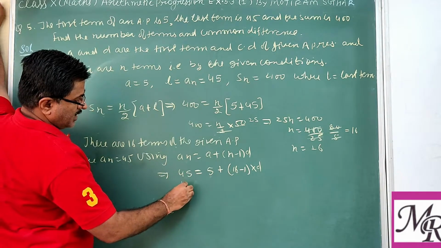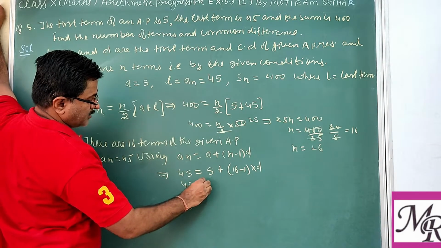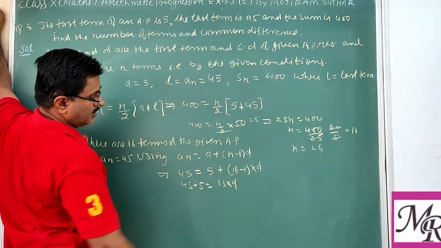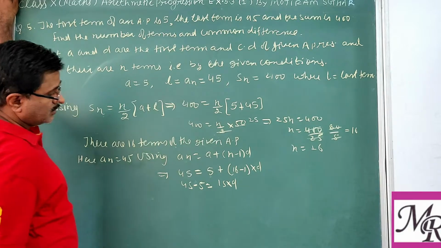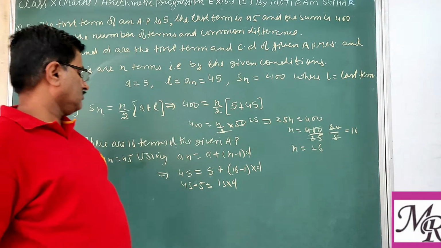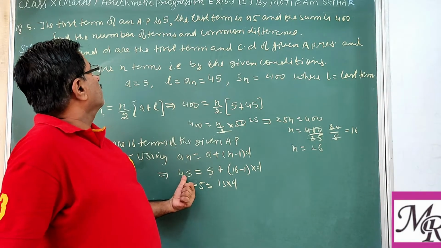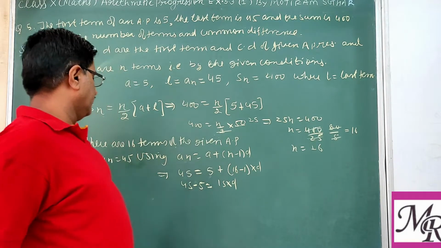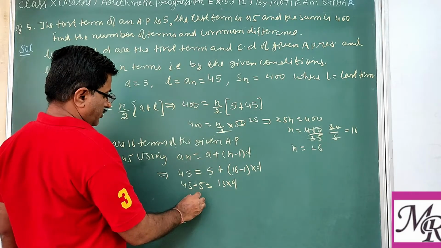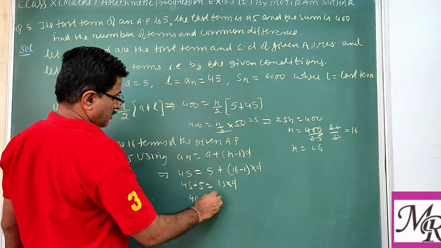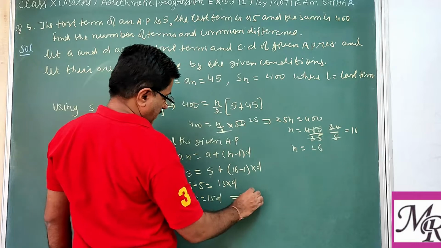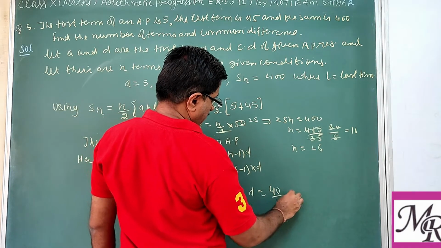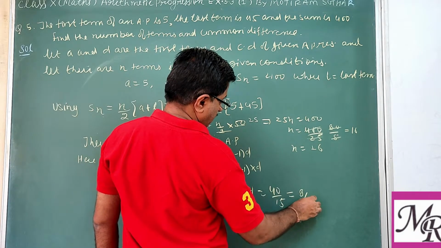Transferring 5 to this side, 45 minus 5 equals (16 minus 1)d, that is 15d. So this is 40 equals 15d, so d equals 40 by 15. Dividing by 5, we get 8 by 3.